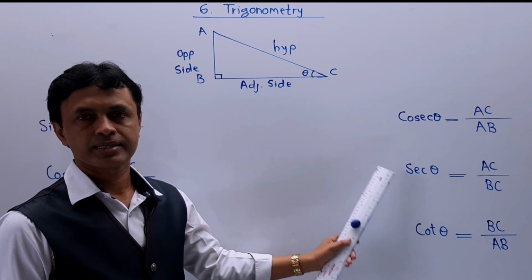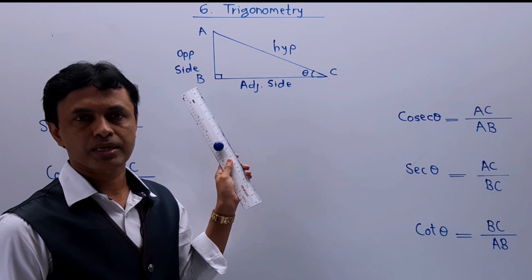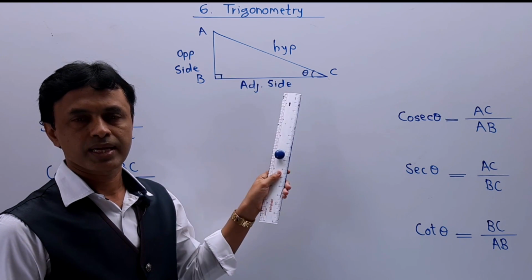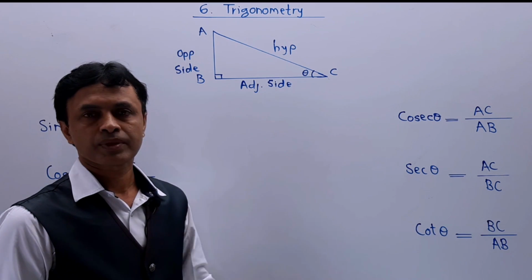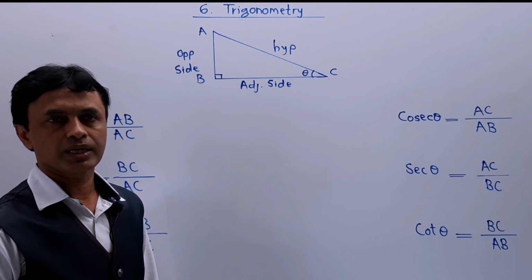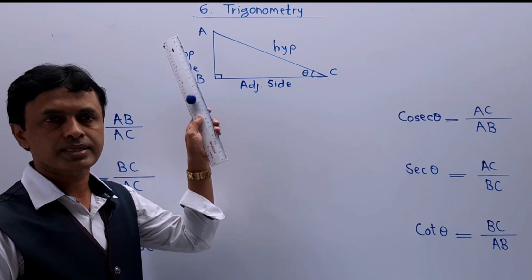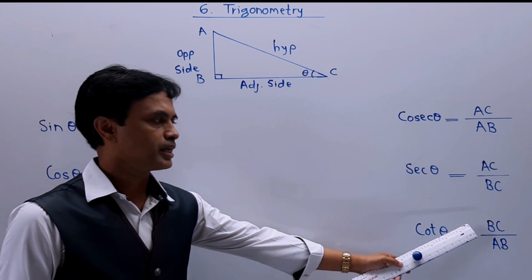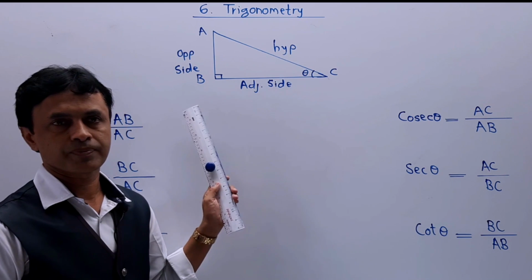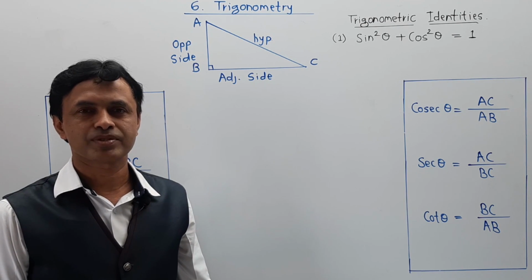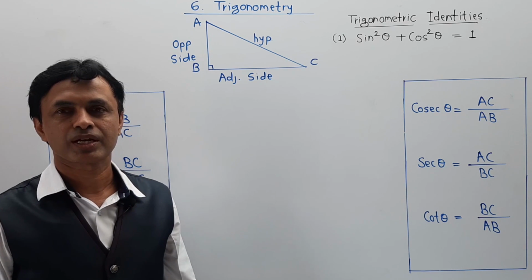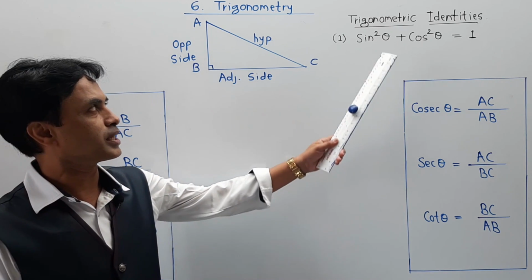Sec theta is hypotenuse upon adjacent side, AC upon BC. And last, cot theta is adjacent side upon opposite side, naturally BC upon AB.